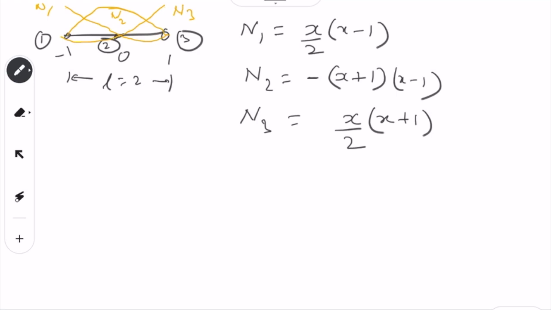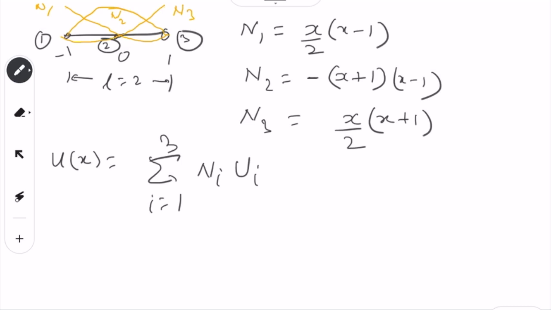The next thing is simply getting the u values. So u(x) is equal to the summation, i equal to 1 to 3, of N_i u_i, not this u but this u_i.